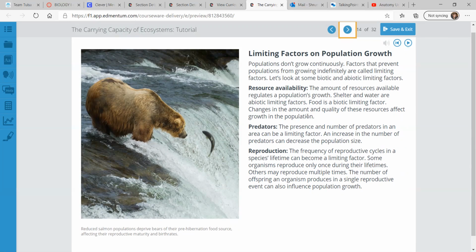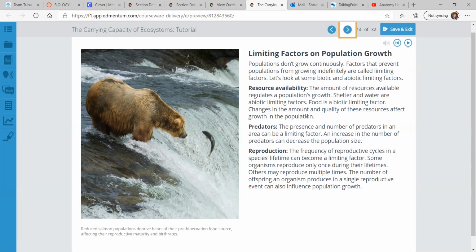Resource availability. The amount of resources available regulates a population's growth. Shelter and water are abiotic limiting factors, whereas food is biotic. Changes in the amount and quality of these resources affect growth in the population.